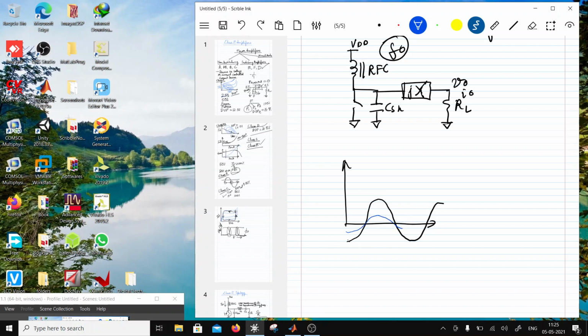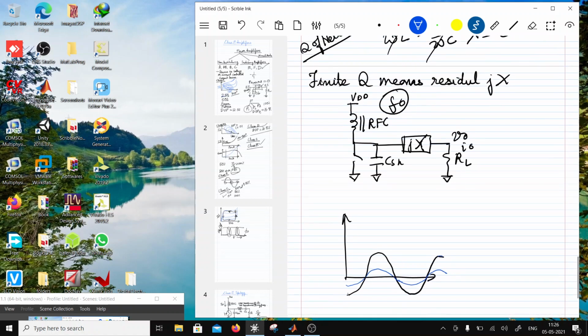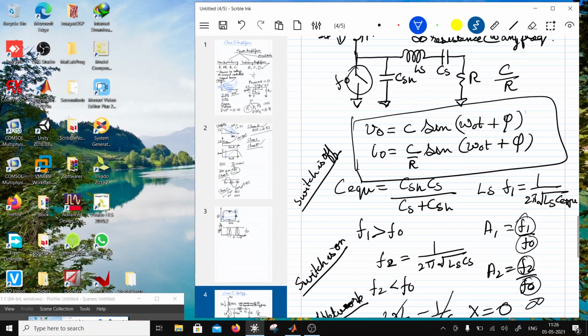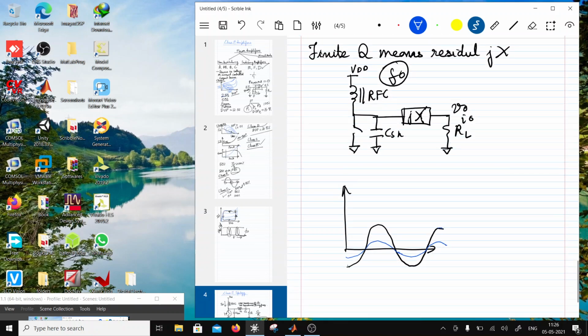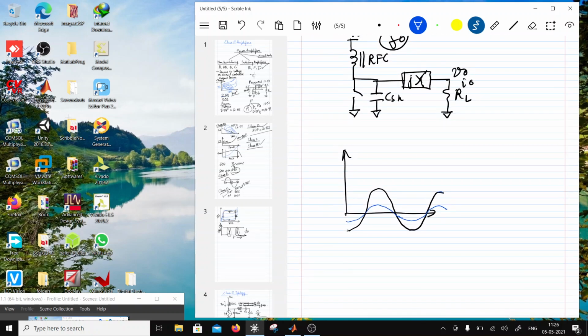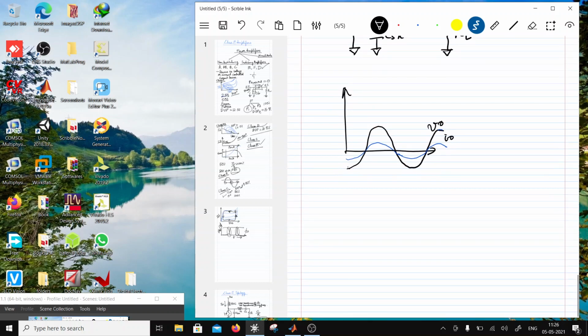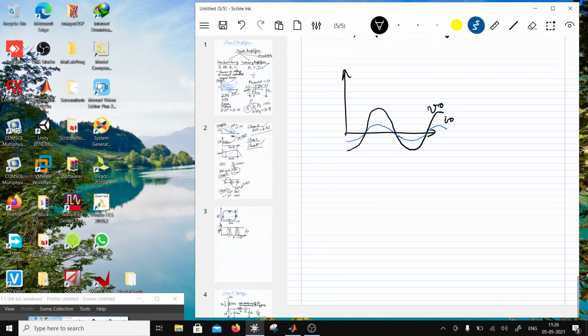Okay, so the voltage by current is going to be R, right? And these are given by this equation. So this is going to be VO and this is going to be IO. Now if I focus just on the current, let's just draw the current.